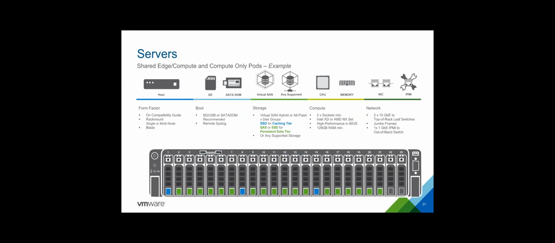We'll give you some guidance on how to set them up, but we're not prescriptive because our customers and partners are the ones who understand the application workload best, and what the requirements for those workloads are. VMware can help you size those appropriately, but we're not going to dictate how you lay out and what hardware you pick specifically for your compute pods. Make sense?